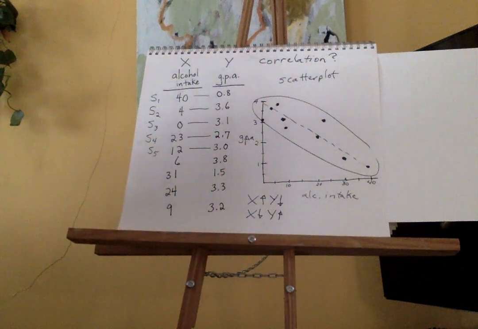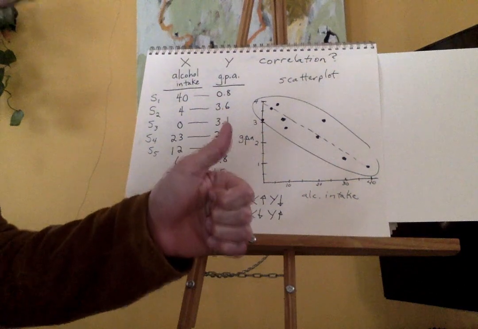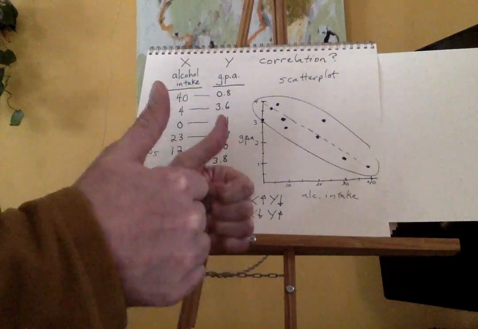Let's do this: if we're at a ballpark, let's say a baseball park, and we looked at temperature and number of beer sales, we might find that as the temperature goes up, our beer sales go up as well, okay?